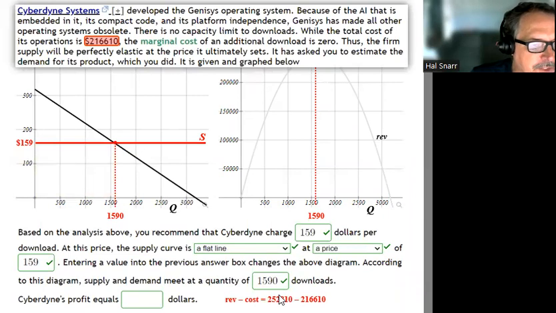Now, the revenues again are $252,810. That's the area of this box, right? The cost of this production is fixed because the marginal cost again is zero by assumption, by reality, 216,000. So the profit is 36,200.